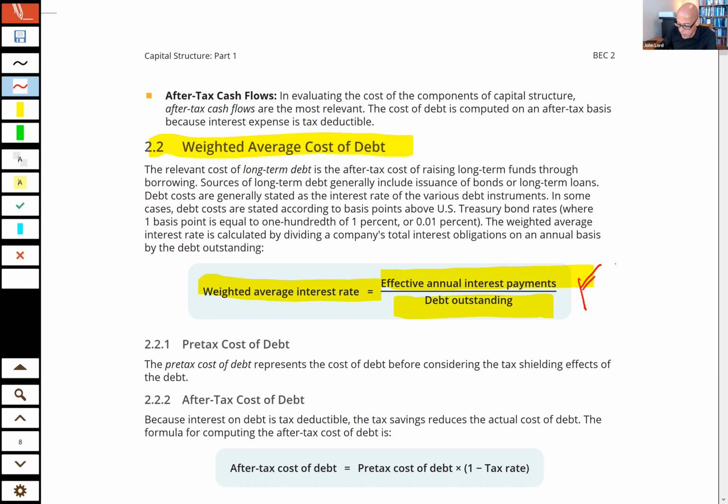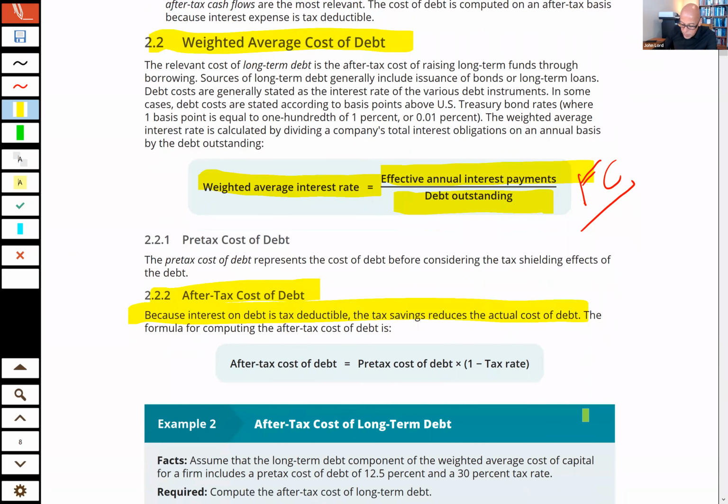So just go ahead and flashcard that. That was given to us in the previous example, and all they're telling us here is how to calculate that. And again, as we had seen, we have to deal with the after-tax cost of that debt. And we already saw that the after-tax cost is the pre-tax cost of the debt.